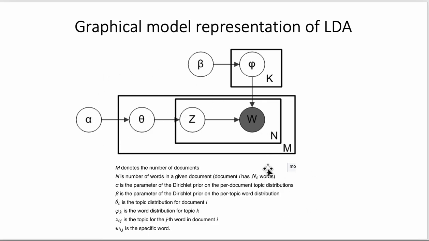The outer plate represents the documents, and the inner plates represent the repeating word positions in a given document, each position associated with a choice of a topic. And so you have a collective of topics for the collection of documents. You can read the annotation here, which shows what each of the components means.